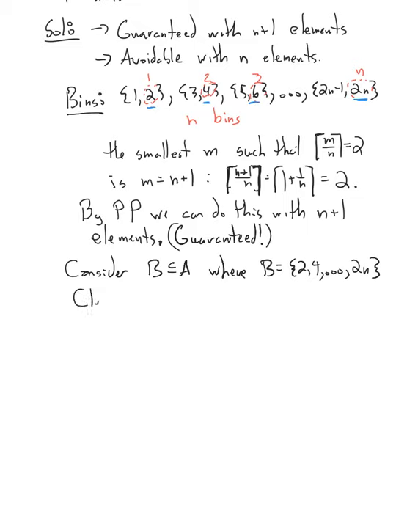Clearly, the size of B is n. And the ceiling of n over n is, of course, 1. There's nothing to round, so you just leave it as the integer 1.